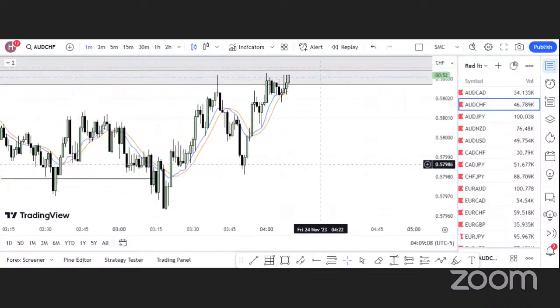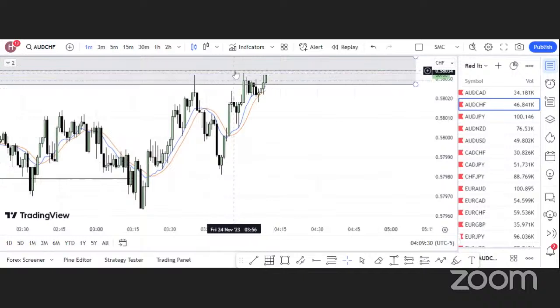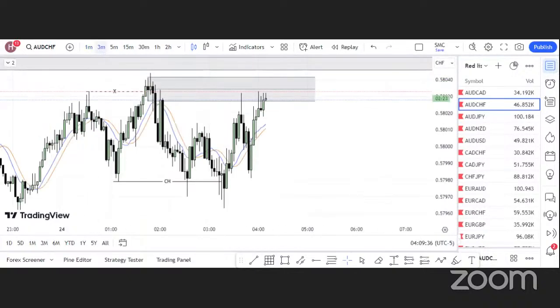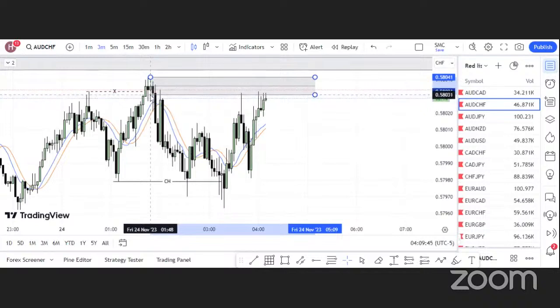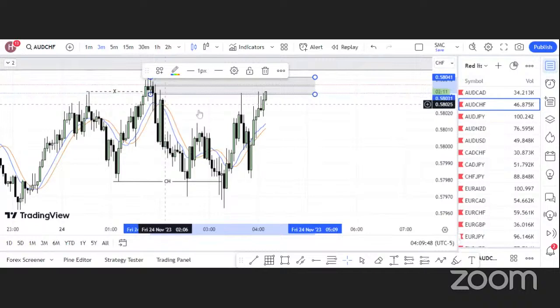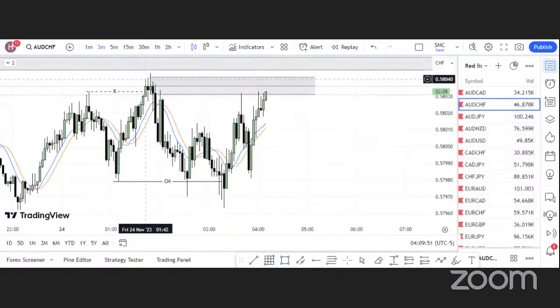If it goes above this area and doesn't give us a confirmation, then we'll start looking at other entries, because we also have this zone here. So I think it's coming for this.